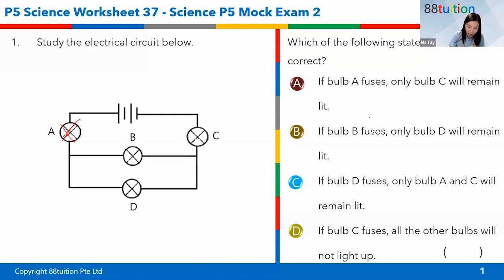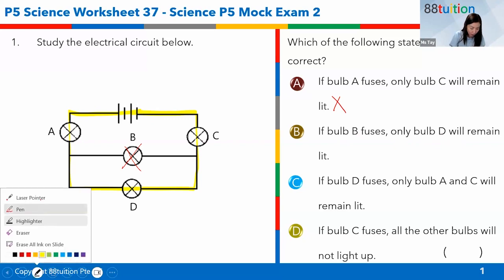So this is a wrong statement. So if B fuses, only D remains lit. If B fuses, okay, there is a complete path. If I were to highlight for you, this is the complete path. Electric current can flow. So A, C, and D should be able to light up.